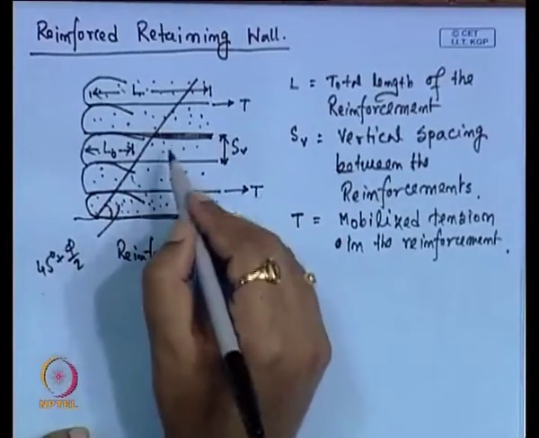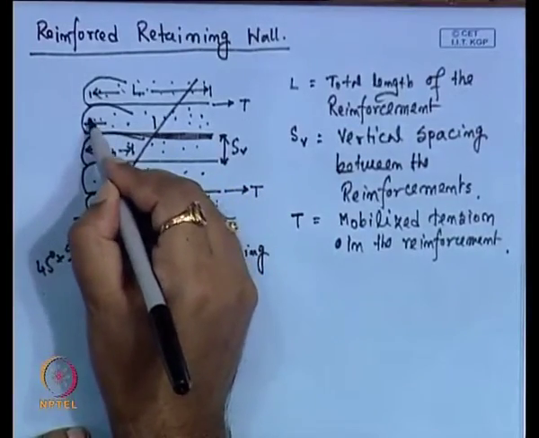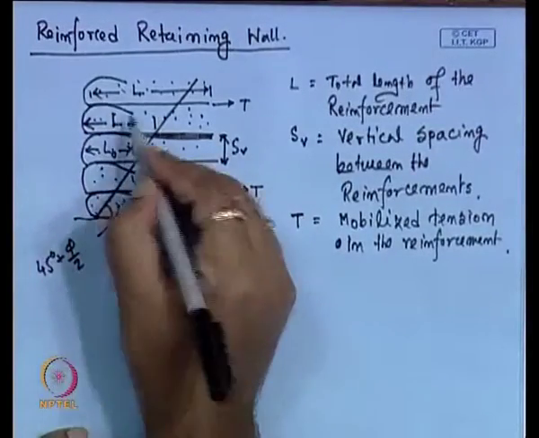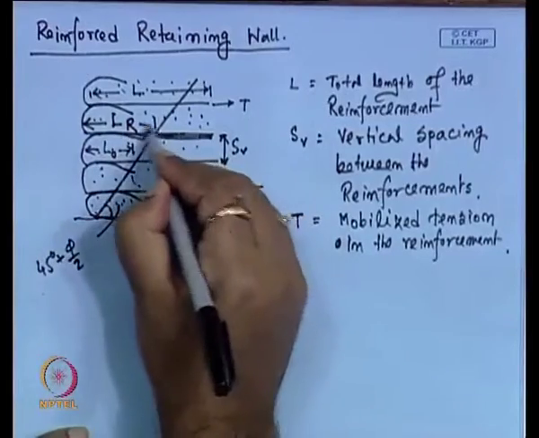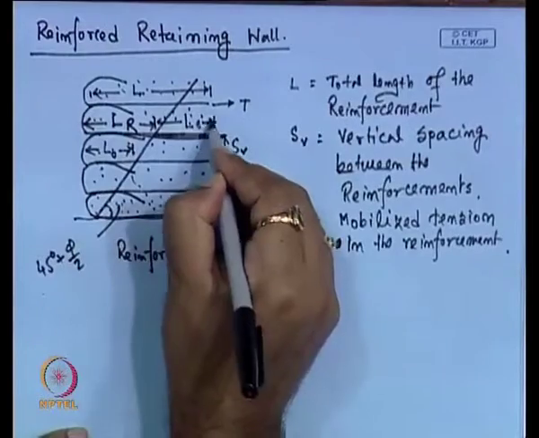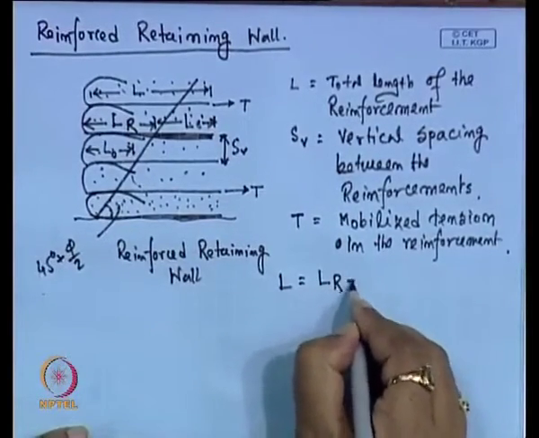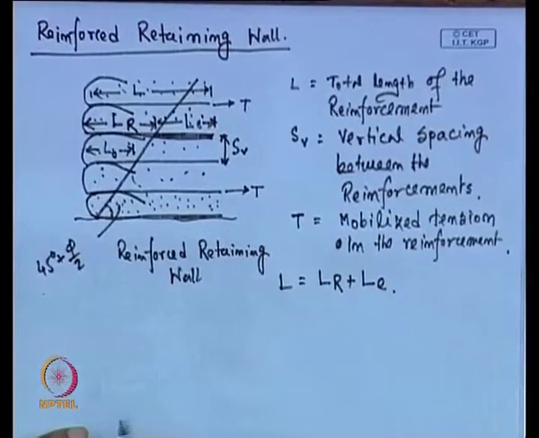Then we can divide this L into two parts, one is L R and another is L E. So, L is equal to L R plus L E.